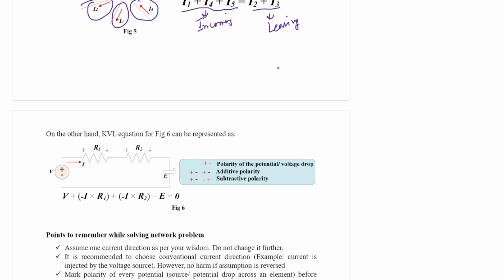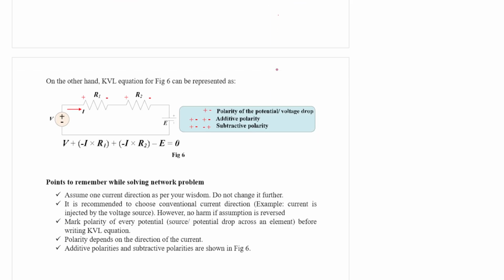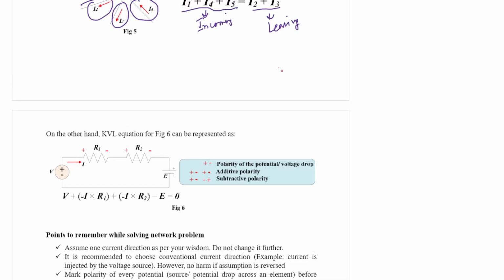Now, to understand the statement of the law, let us first try to understand what is the polarity of the potential. Let us say we have a resistance, and suppose a current is flowing in this direction, then the polarity of the potential should be marked in this way.